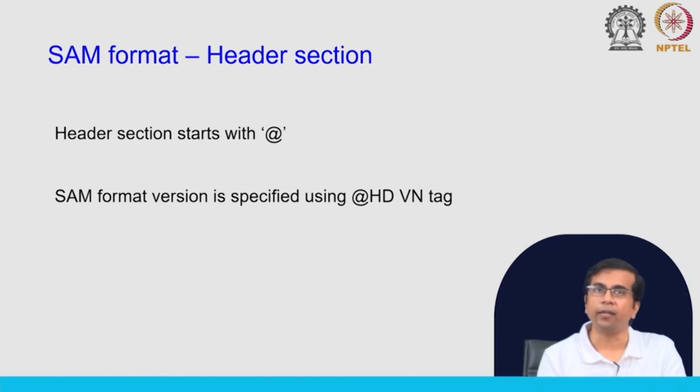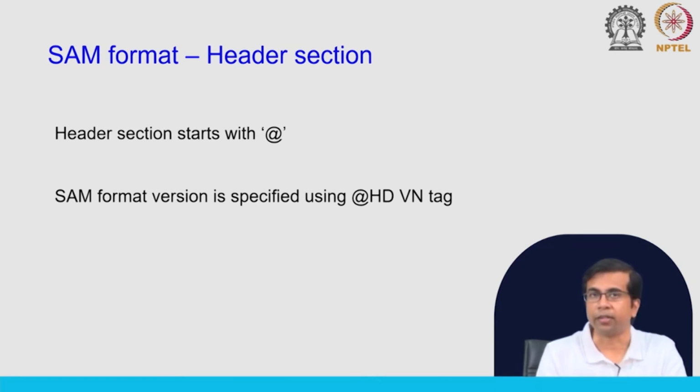Then you have the SAM format version, which is specified using the @HD VN tag. @HD means it is part of the header, and VN means version. The SAM format has been upgraded from one version to another, and you need to know which version you are working with, because there might be subtle changes here and there in the information that is present.